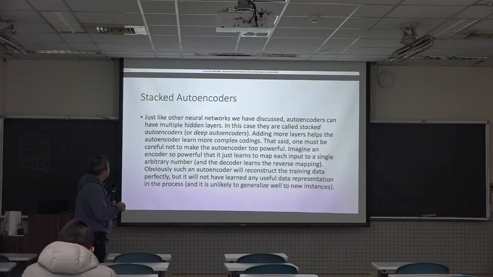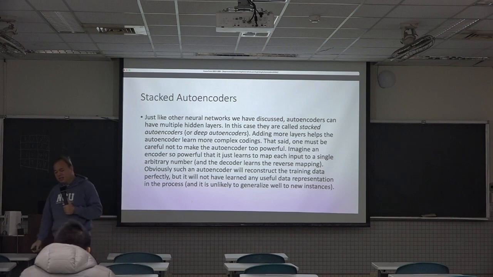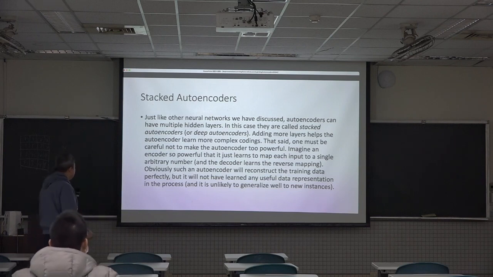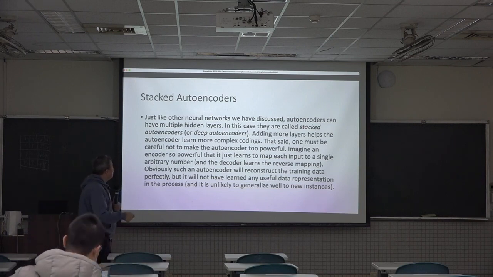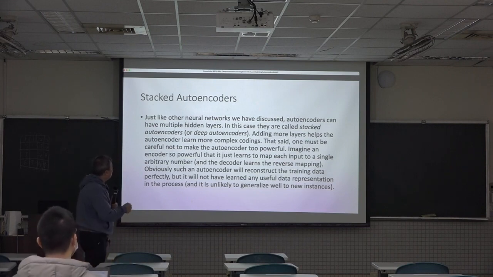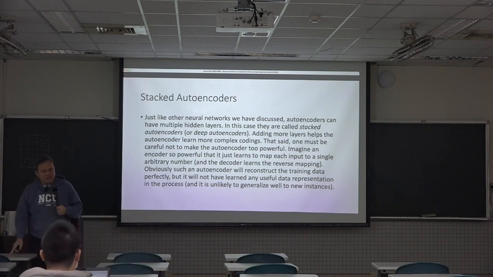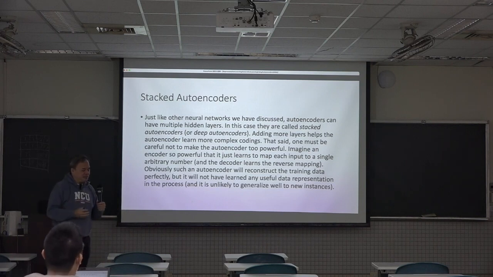Just like any other neural network, an autoencoder can have multiple hidden layers. The previous one we talked about only had one layer for the encoder and one layer for the decoder, but this is not necessarily the case. We could have a stacked autoencoder, which has multiple layers in the encoder as well as the decoder.